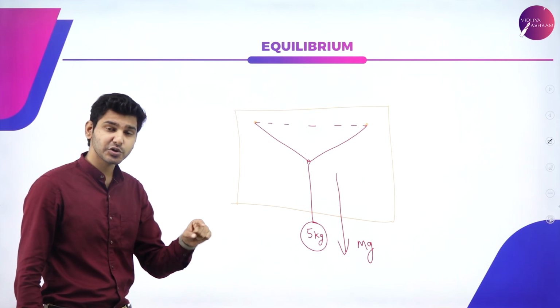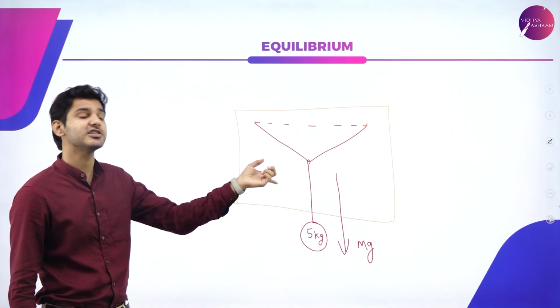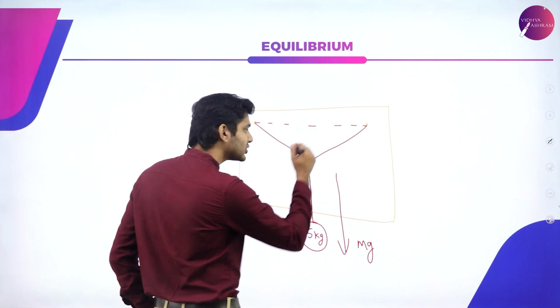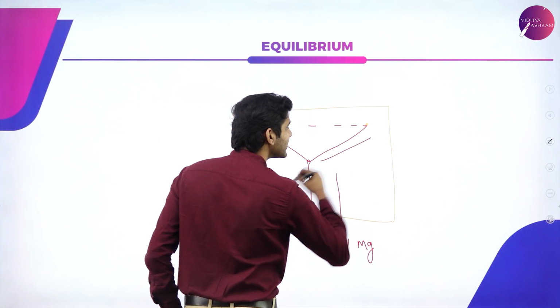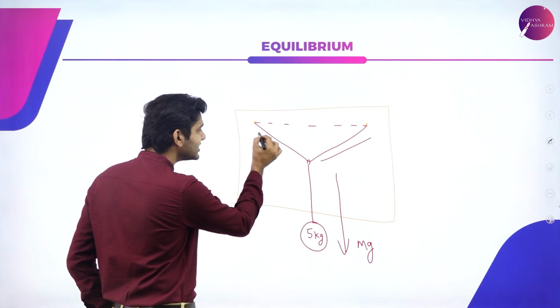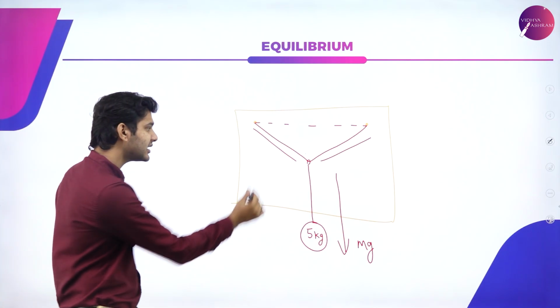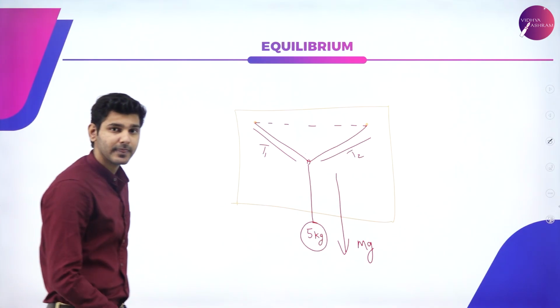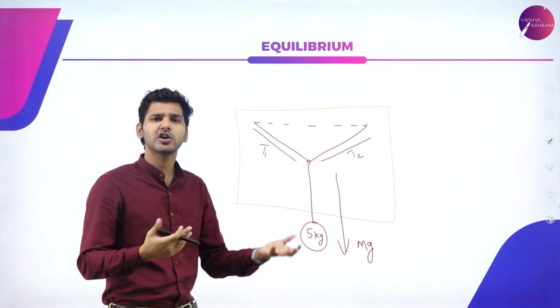There are also multiple other forces acting on this particular board. One force is the tension force. There is tension in this direction and in this direction: tensional forces T1 and T2 acting here. So what is the point of saying all this?